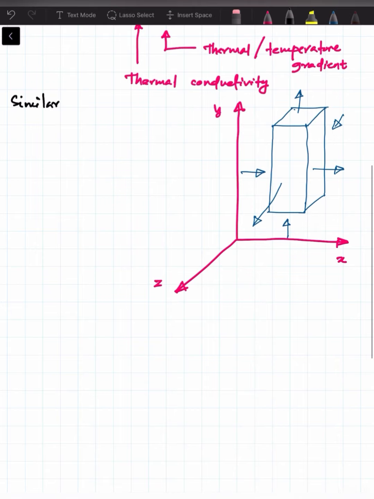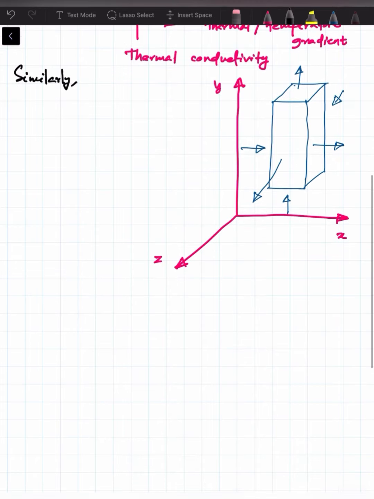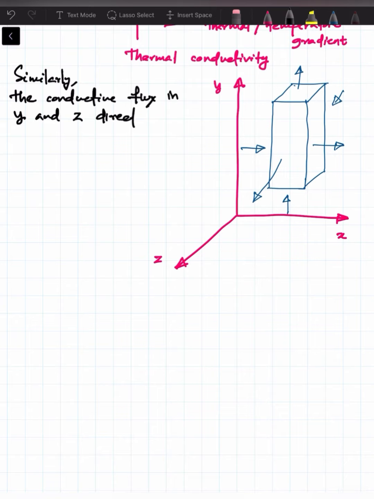Similar to the previous equation, if we want to write the heat flux in y and z direction, we have to take the thermal conductivity as well as the thermal gradient into consideration, which can be written as follows.